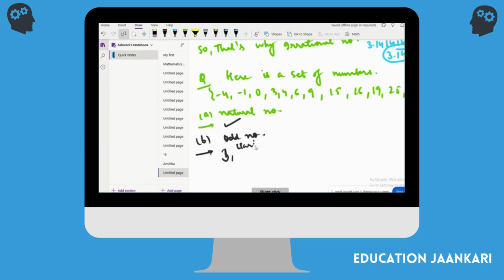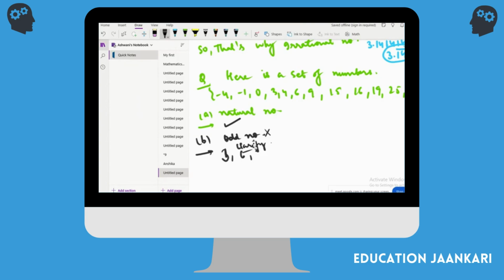Zero is a whole number. Zero is not an odd number. Odd numbers start with one only. Odd numbers begin with one only: 1, 3, 5, 7, 9, 11, 13, 15, 17, 19, 21, 23, 25, and so on.